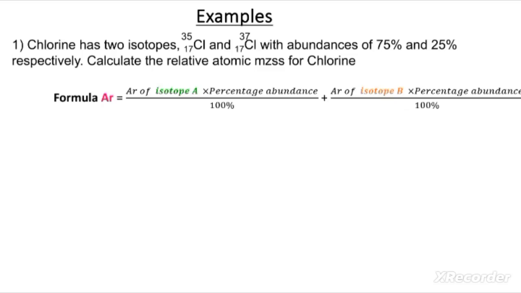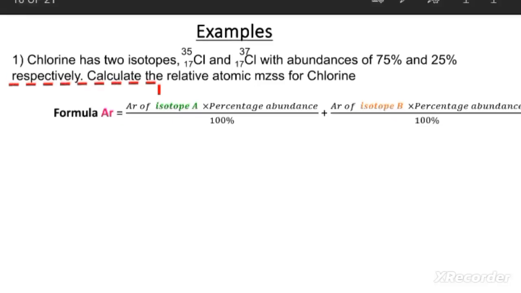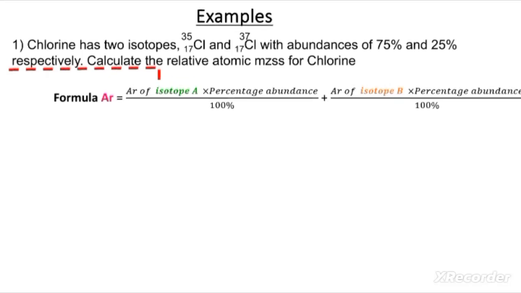So the relative atomic mass of isotope A, so to say, is 35. Let me point 35 here.